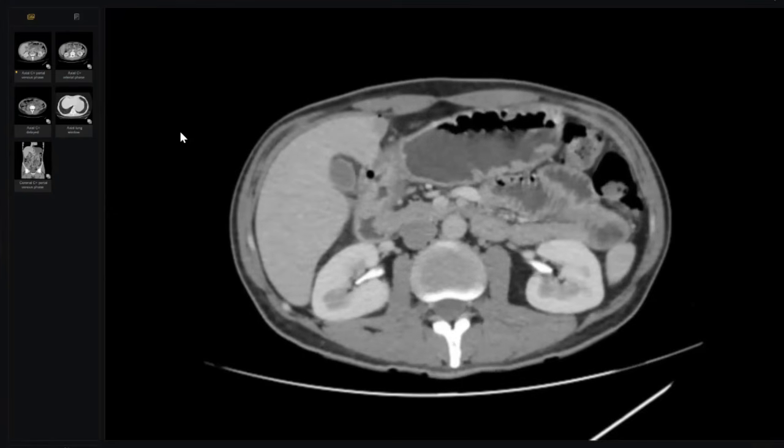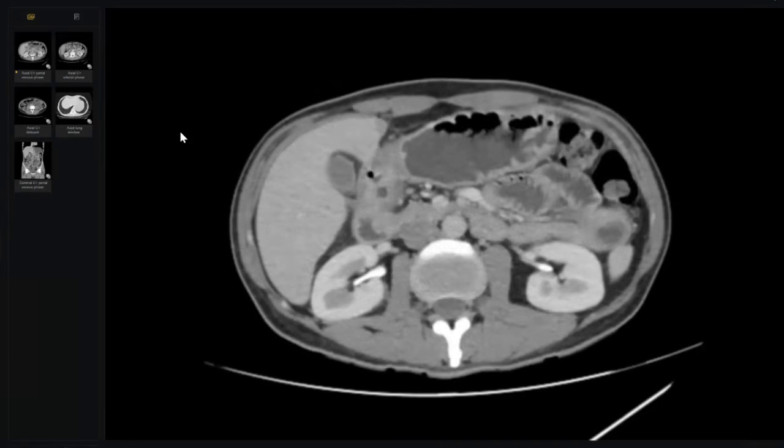Yes, here I can see air lucency adjacent to the first part of the duodenum with some wall thickening.